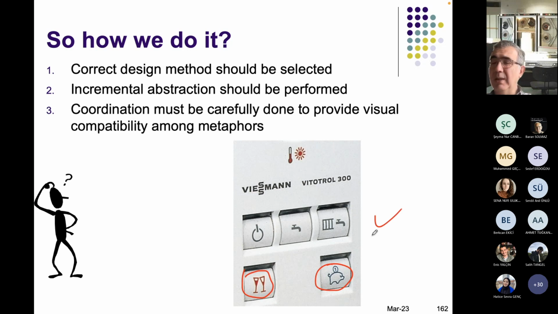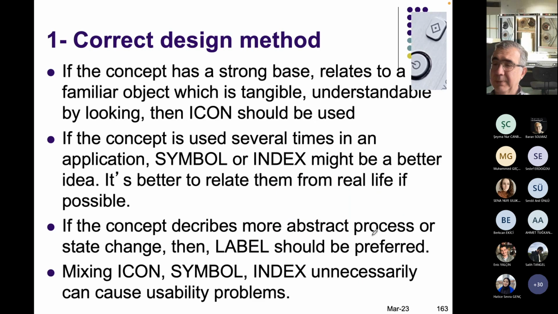So coordination among metaphors must be done carefully by designers. If the concept has a strong base and it relates to a familiar object which is tangible, understandable by looking, an icon should be used. If the concept is used several times in the application, symbol or index might be a better idea. Relating them to real life is also good.